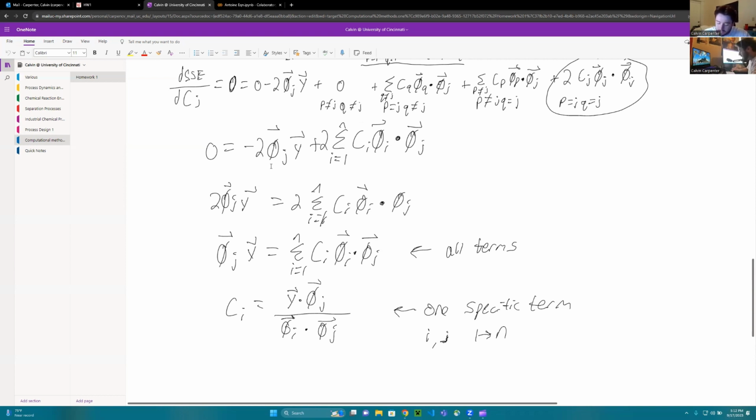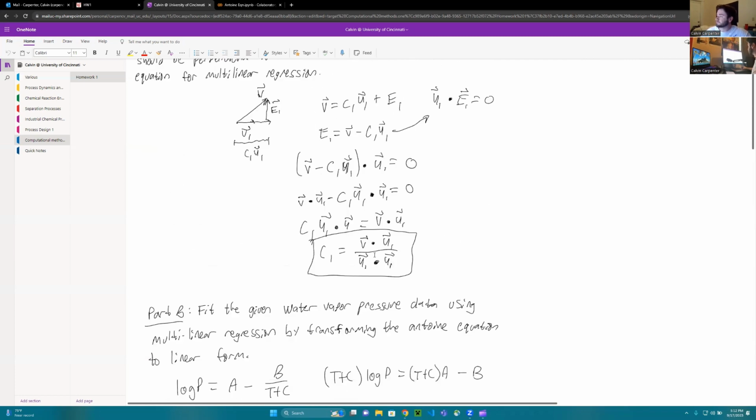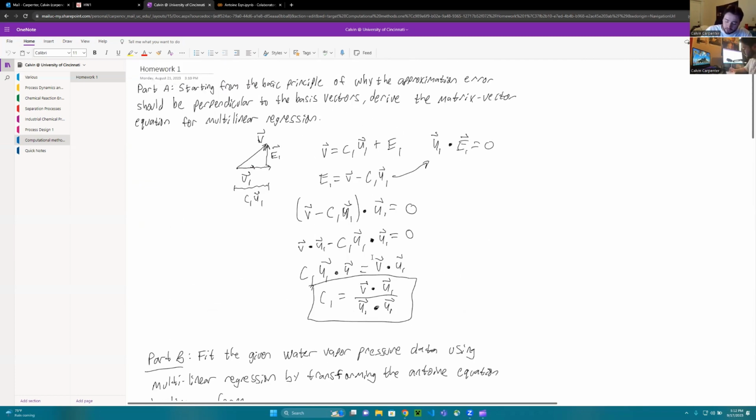So if we compare it to the equation from our part A, which is, if we scroll up, it's going to be our C1 equals V times U1 over U1 times U1.